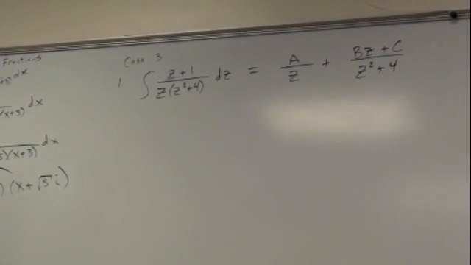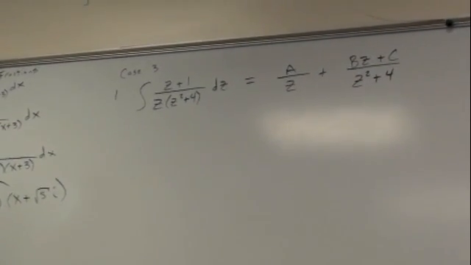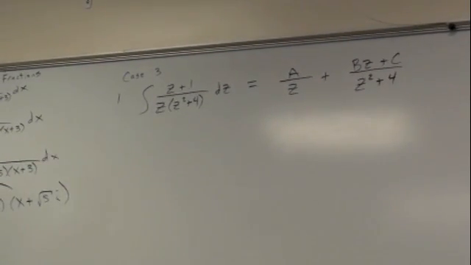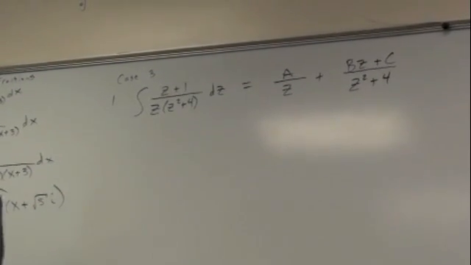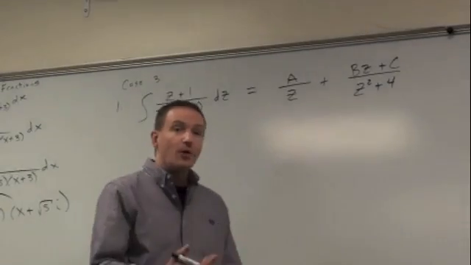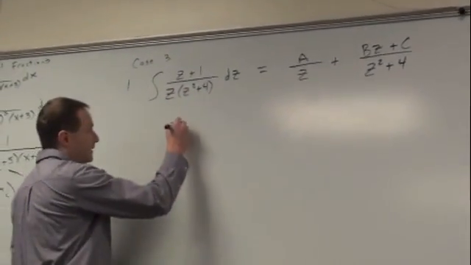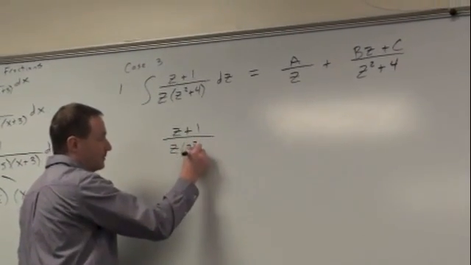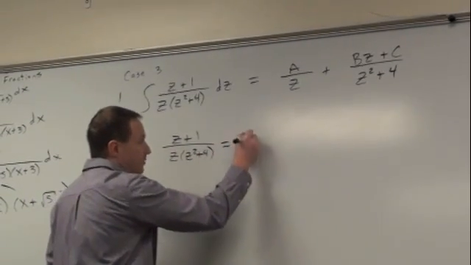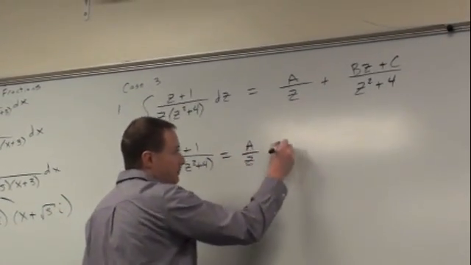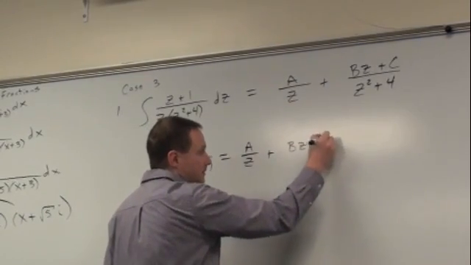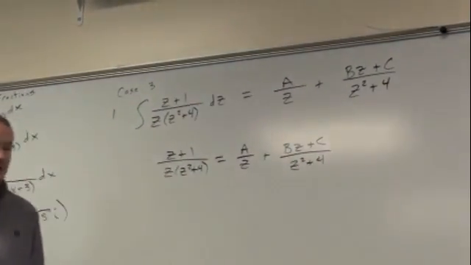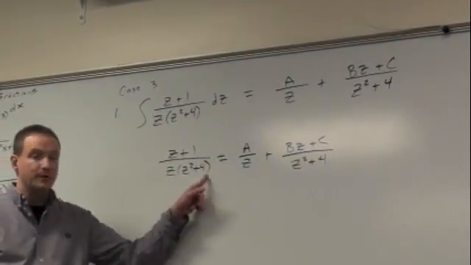So I need to find what a, b, and c are so I can integrate this function with respect to z. Now I can say z plus 1 over z times z squared plus 4 equals a over z plus bz plus c over z squared plus 4. Once again, all you're doing is multiplying by the least common denominator, which is both of these terms.